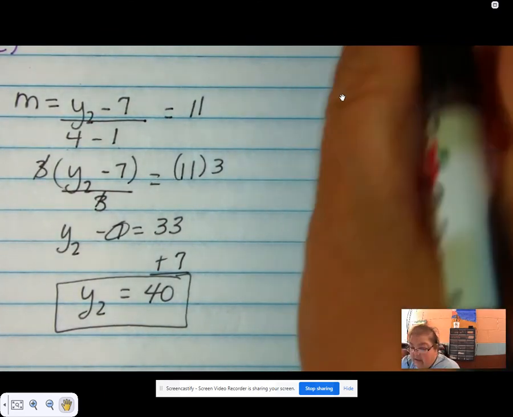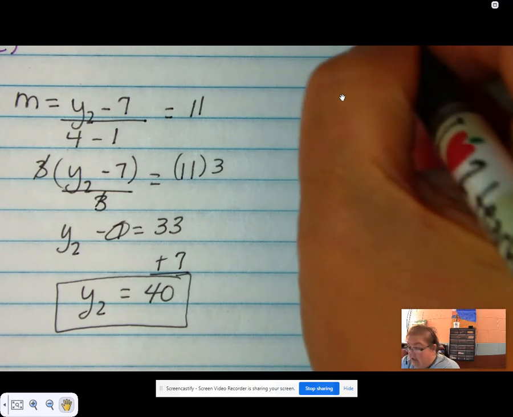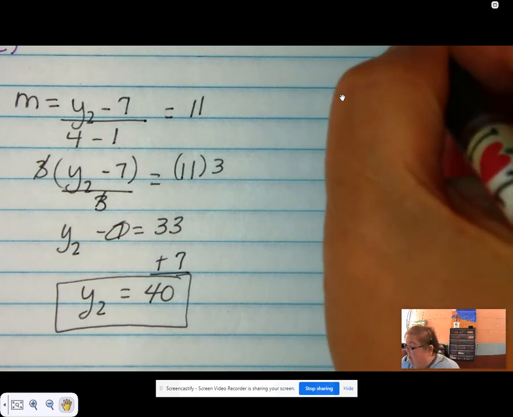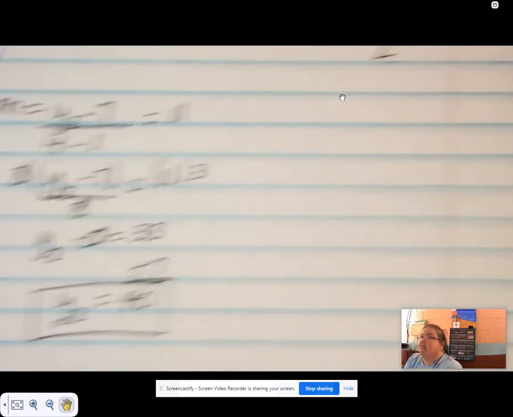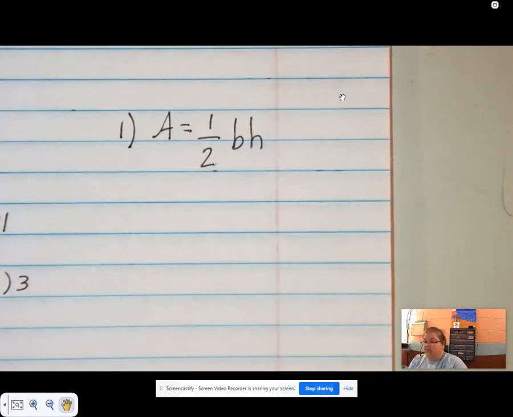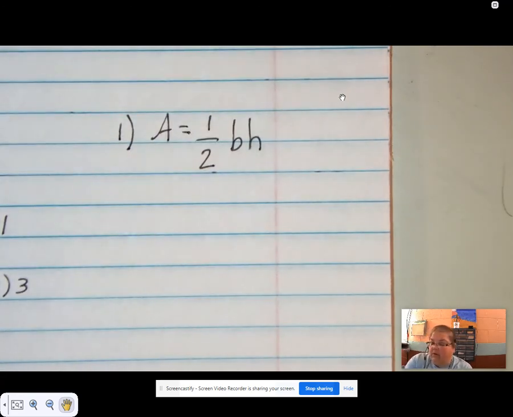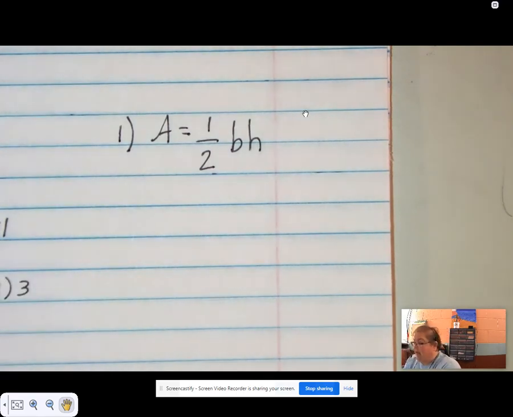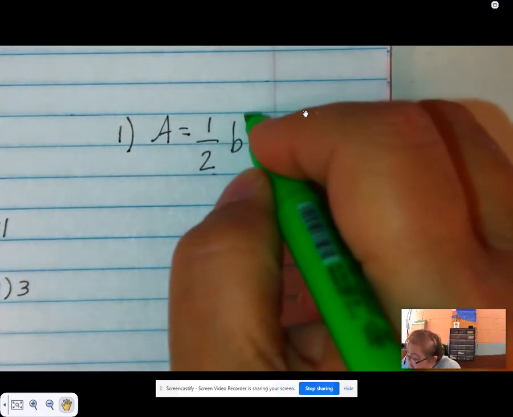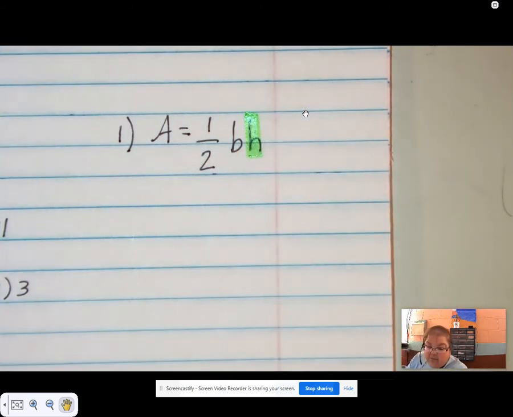Number 1 is area equals 1/2 base times height. And this is one we have worked several times, but we need to look at it again. And it says solve for h. So I need to get h alone. Okay?